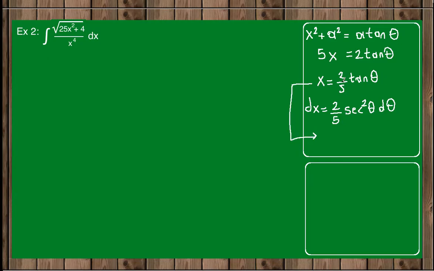If we multiply both sides by 5/2, then tangent theta equals 5x/2. And let's also solve for theta. If we multiply both sides by tangent inverse, theta will be arctangent of 5x/2.